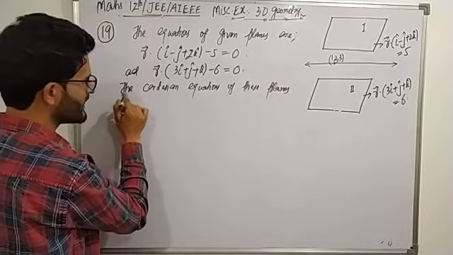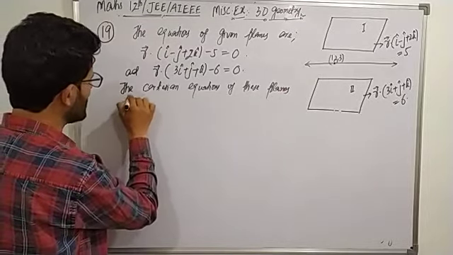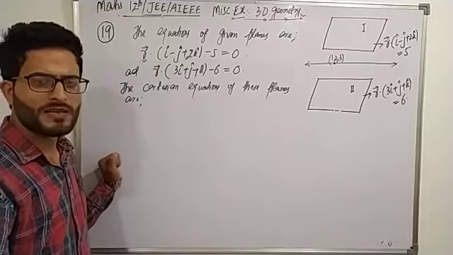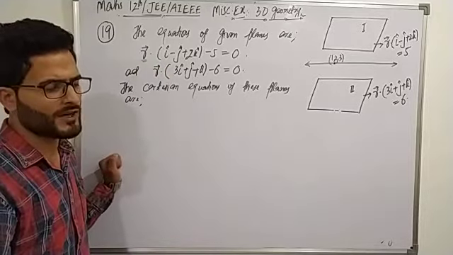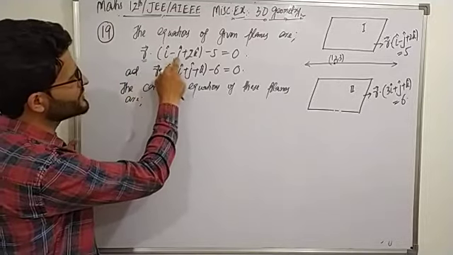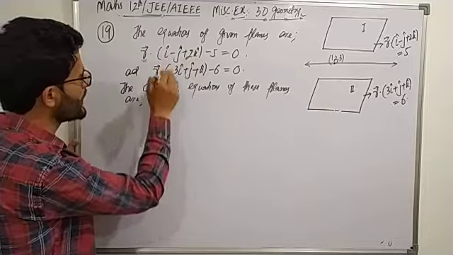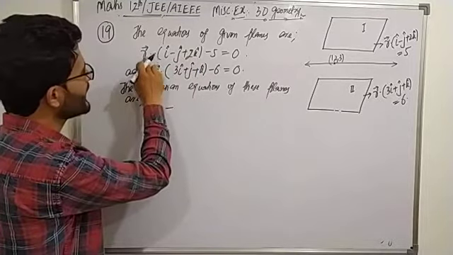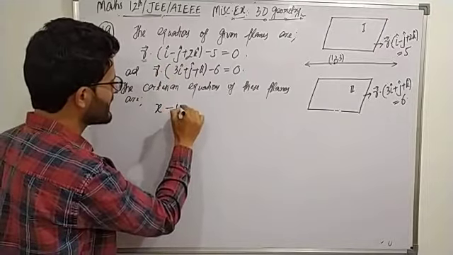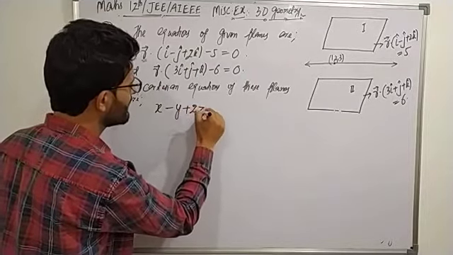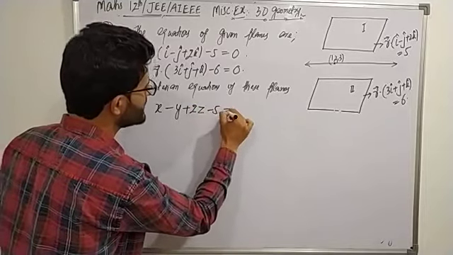So what would be the Cartesian equations of these planes? Yes, the r vector is xi plus yj plus zk, the position vector of an unknown point. So (xi plus yj plus zk) dot (i minus j plus 2k), that is x into 1, means x, plus y into minus 1, that is minus y, plus z into 2, that is plus 2z, minus 5 is equal to 0.